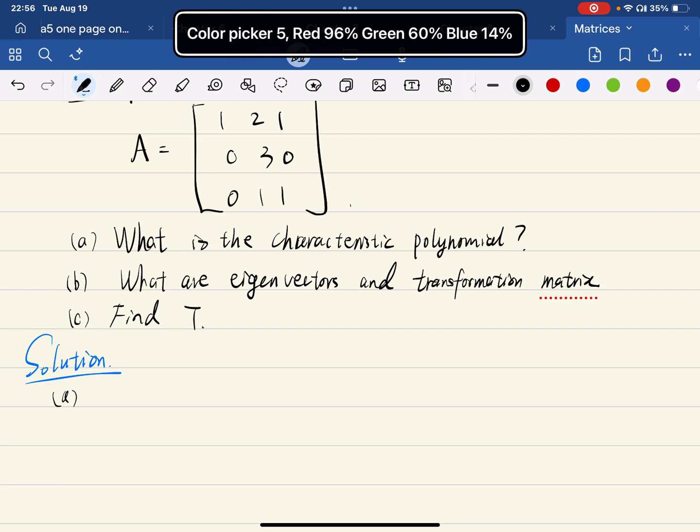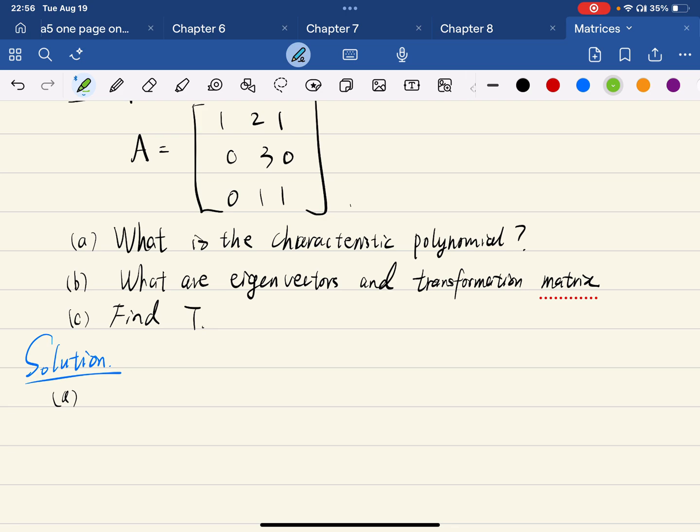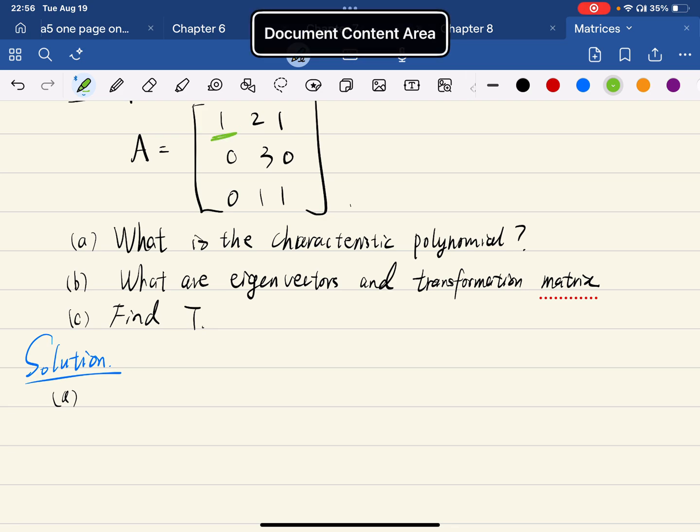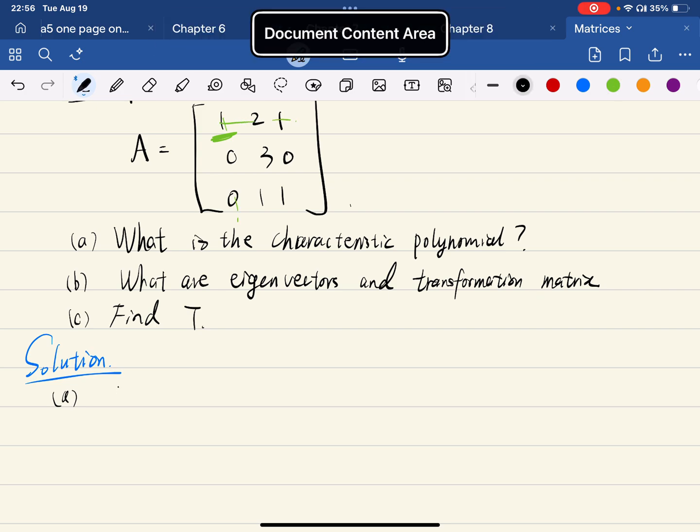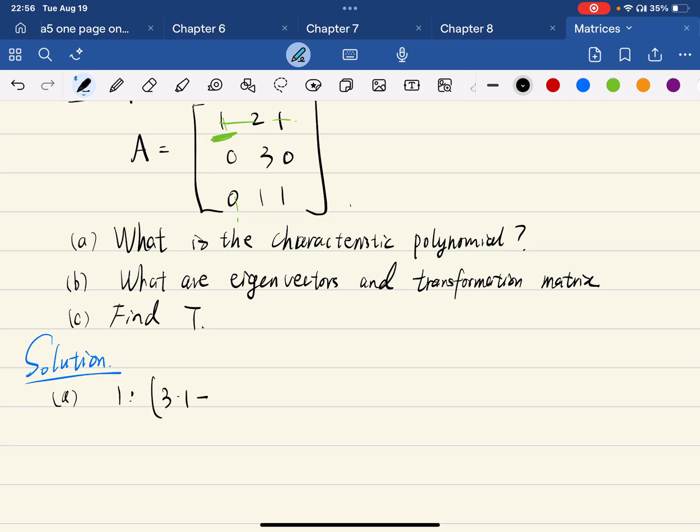So for question A, we find the quickest way to expand it. It's this. So we expand by 1 times 3 times 1 minus 0.